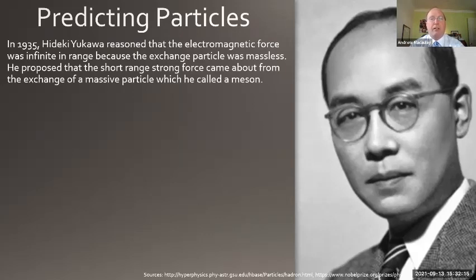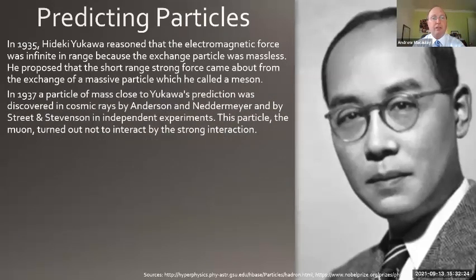He proposed that the short-range strong force came about from the exchange of a massive particle, which he called a meson. In 1937, a particle of mass close to Yukawa's prediction was discovered in cosmic rays by Anderson and Neddermeyer, and by Street and Stevenson in independent experiments.